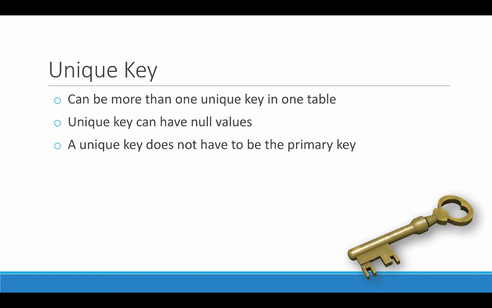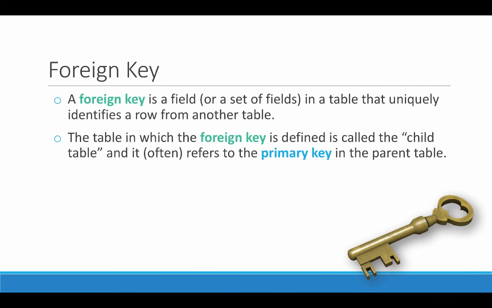Then we have this thing called a unique key. There can be more than one in a table. They can often have null values. The reason that it can have null values and that there can be more than one in a table is that it does not have to be the primary key. A lot of times where we see these unique keys is when we're setting up relational databases and we are pulling in what is referred to as a foreign key.